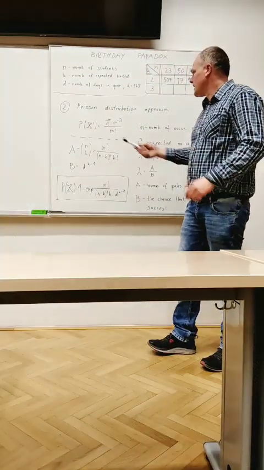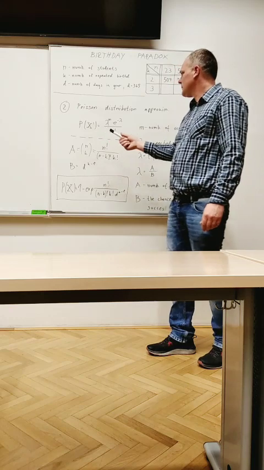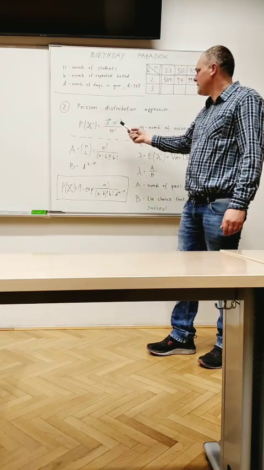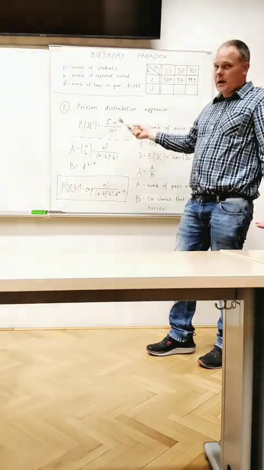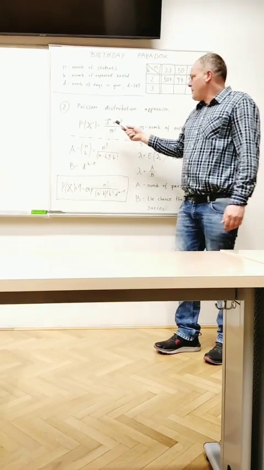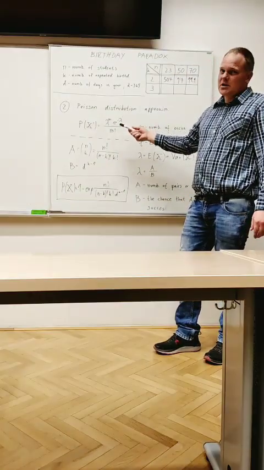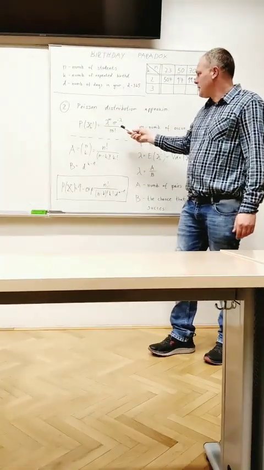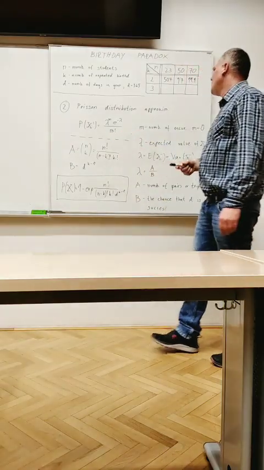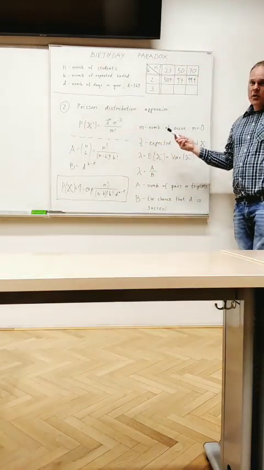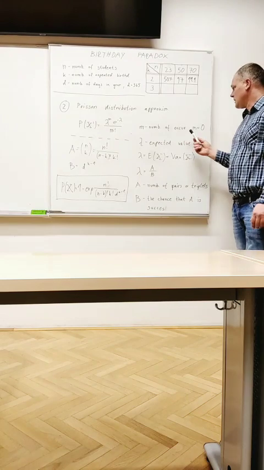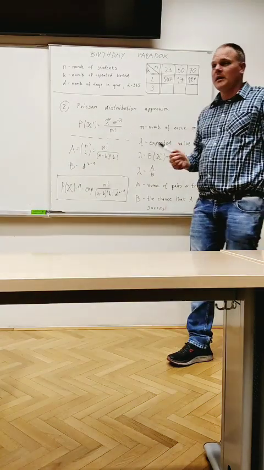The Poisson approximation is defined, the probability of X prime is defined as lambda, that's a Greek letter, to the power of n times e, the exponential function, to the power of minus lambda, divided by n factorial, where n is the number of occurrences, and it can also be 0, which it is in our case.